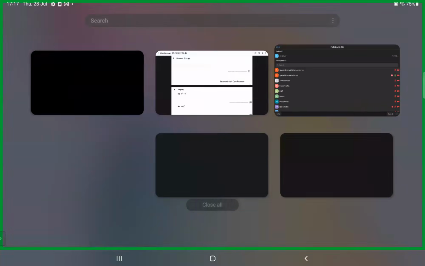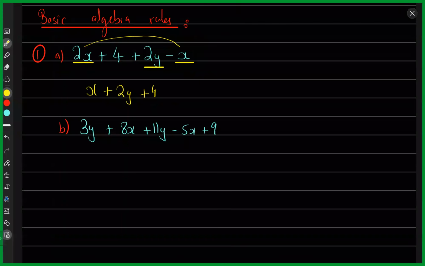If we look at the first term, it is 3y, and the third term also has y with it. It means that I can add these two. So this would become 14y plus, I have 8x minus 5x, that would give me 3x plus 9.